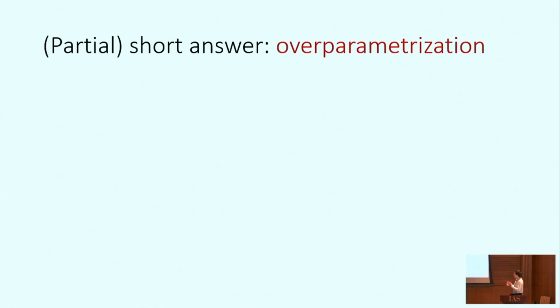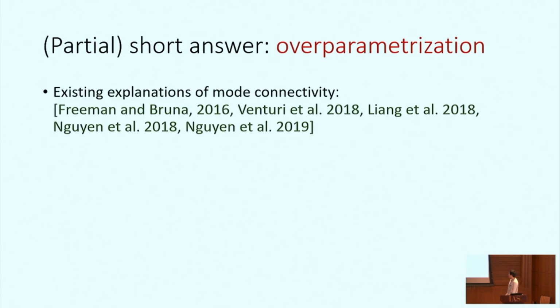Okay, so there actually has been some understanding of this. A partial answer is that the reason neural networks behave like the left picture is because they are highly overparametrized. They have more parameters than you need to actually represent a ground truth neural network. There are a lot of existing works that try to explain mode connectivity using overparametrization.